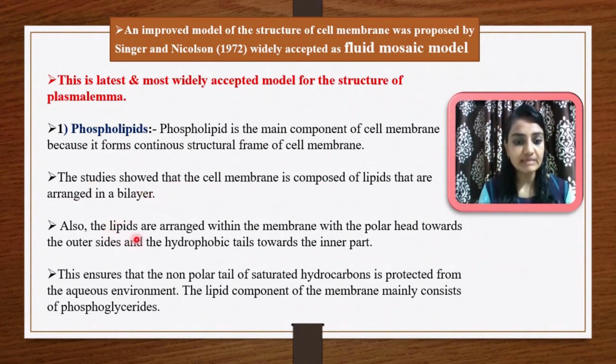The lipids are arranged within the membrane with the polar head towards the outer side and the hydrophobic tail towards the inner part. This ensures that the non-polar tail of saturated hydrocarbons is protected from the aqueous environment. The lipid component of the membrane mainly consists of phosphoglyceride according to this model.